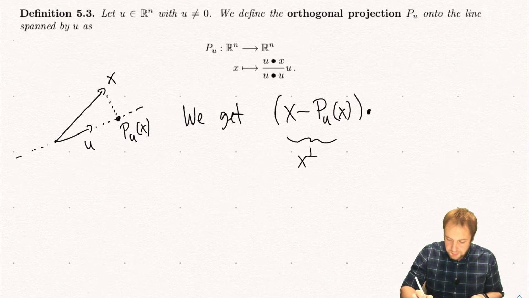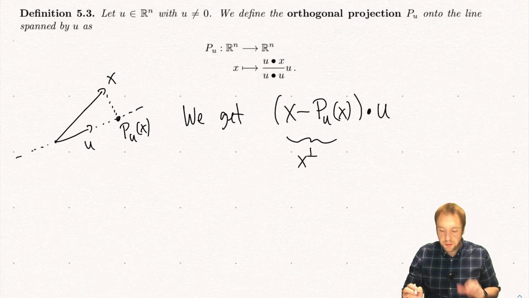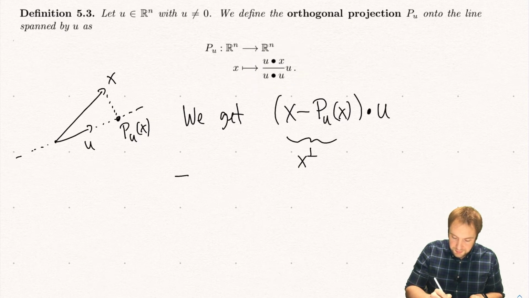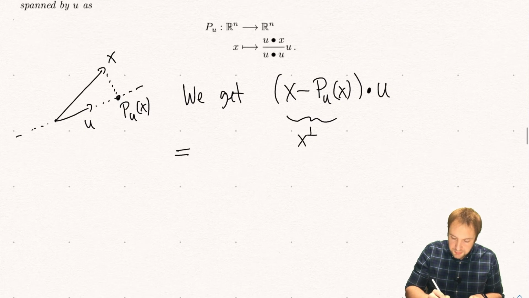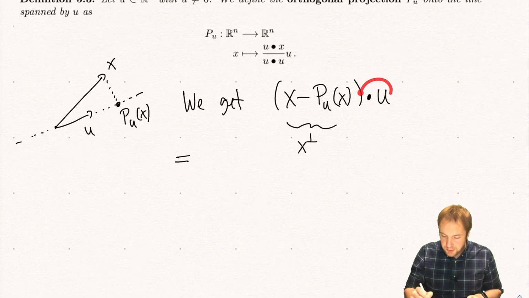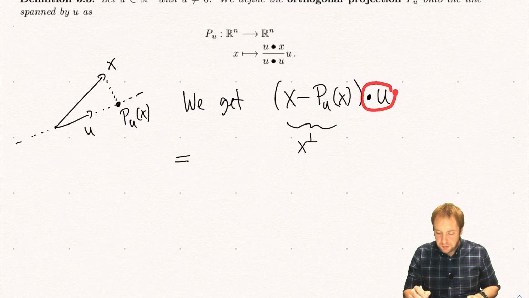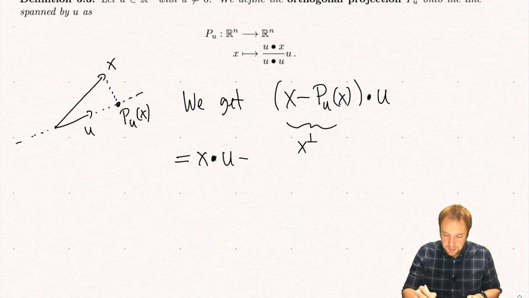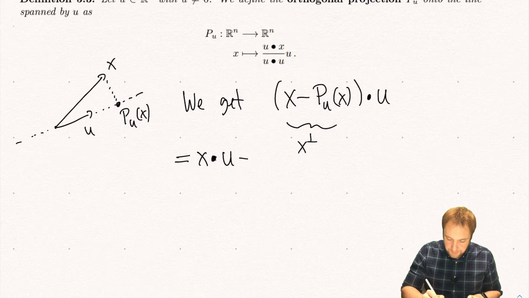So we can check now by this definition that if we take the dot product with u, we can plug in. First of all, we can use the property that we can first take the dot product of x with u, minus, and now we can use the definition, u times x divided by u times u.